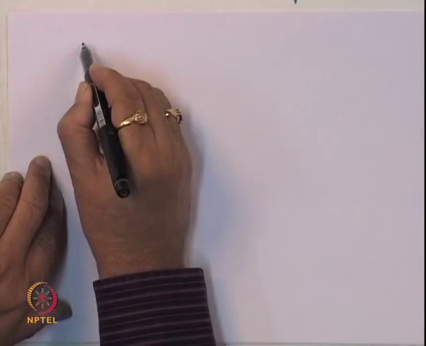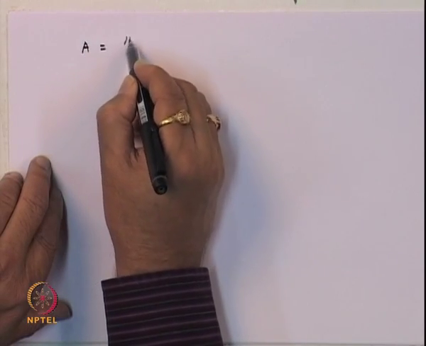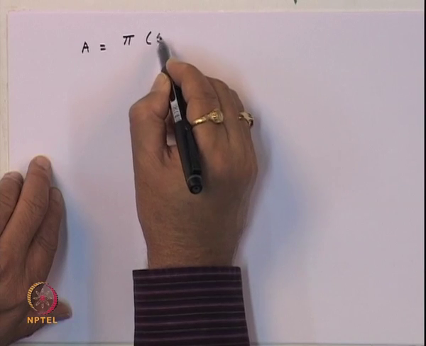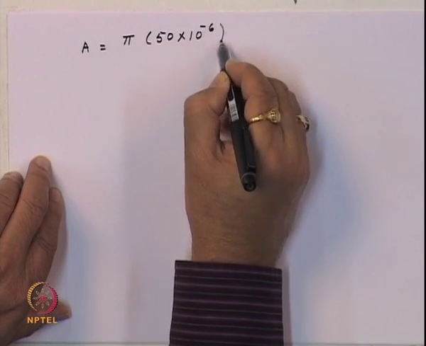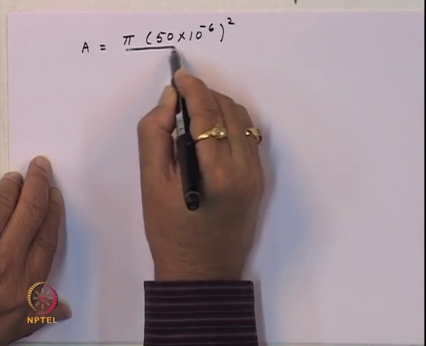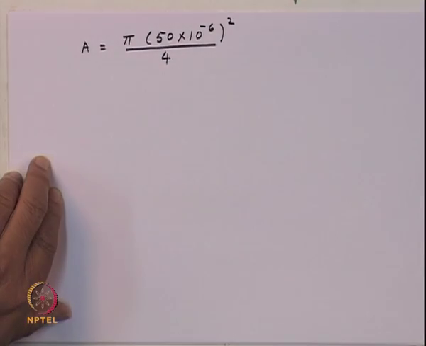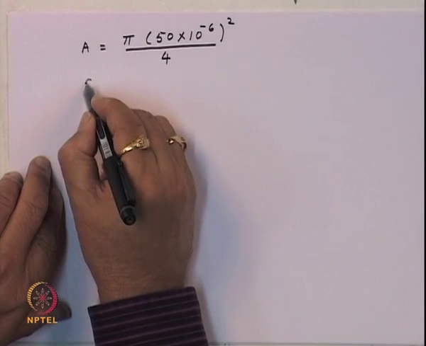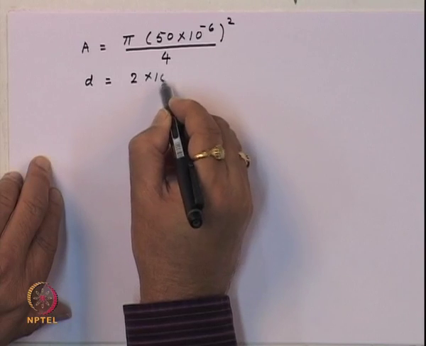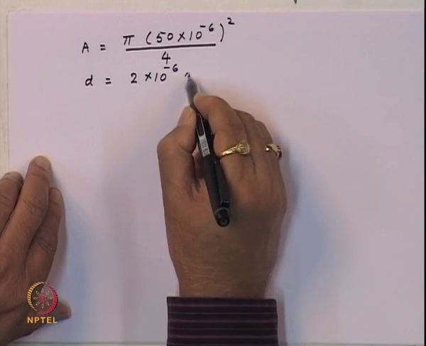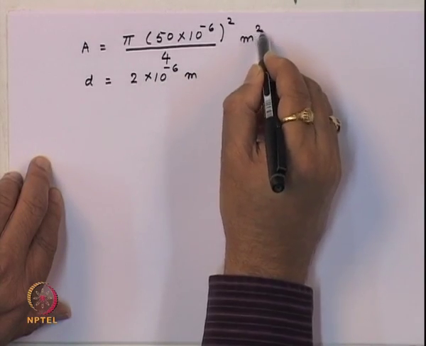So, A is given as pi times 50 into 10 to the power minus 6 meter square divided by 4. D, which is the thickness of the active region, is given as 2 into 10 to the power minus 6 meters.